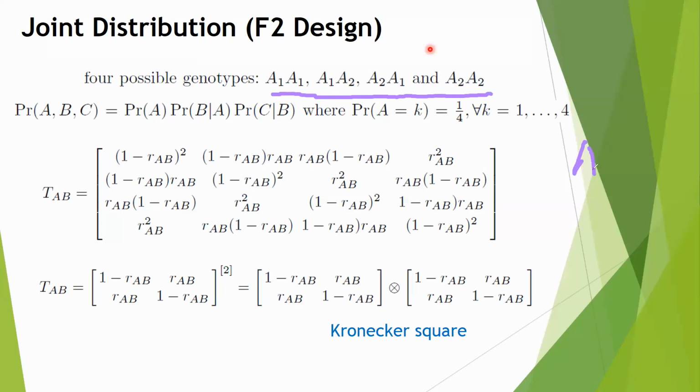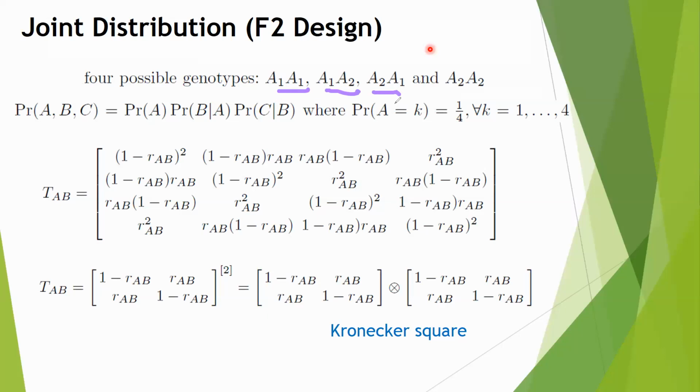So if you think about a cross between A1, A2 with another A1, A2, then those are the 4 possible genotypes resulting from this F2 cross. Now, if you look at these 2 genotypes, they are identical, right?